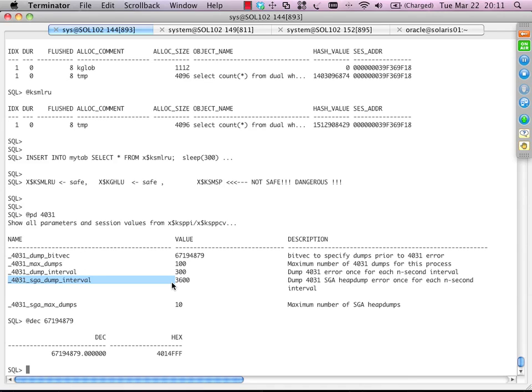There's the 4031 dump. So actually there are some limits. One limit is that don't do more dumps than once per hour here. Okay. Before this parameter appeared, the solution was something like this. I'll do it with alter session, but you would need to do it with alter system or put it into SP file or init.ora.